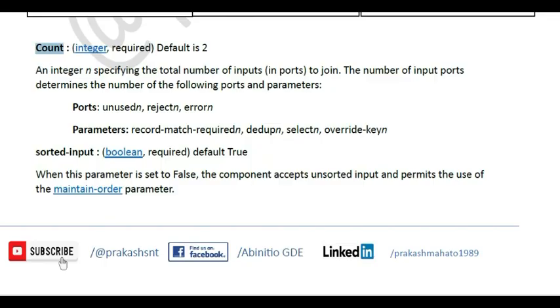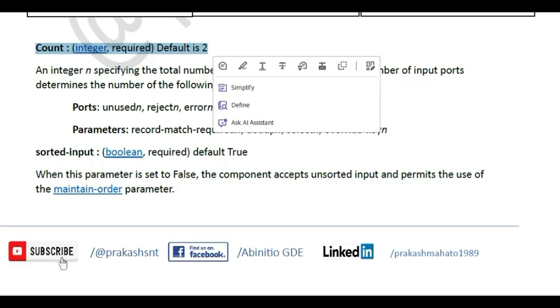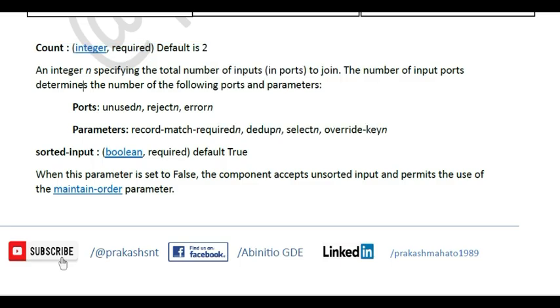Okay, quickly we can start one parameter at a time. First we discuss the count parameter. By default it will be 2. Based on the input ports, your output port will be 1, and we have unused ports, reject port, and error port. These will also increase based on the count.